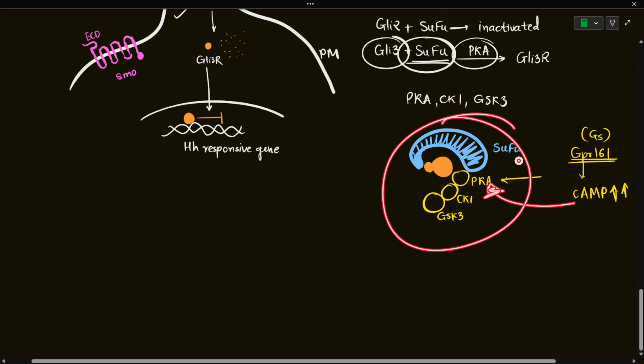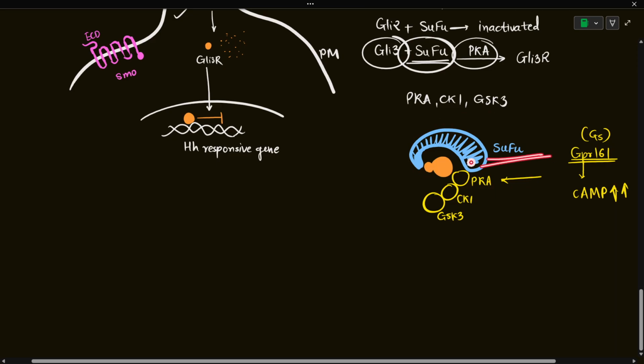This complex is known as the repressing complex, and SUFU protein acts as a co-repressor, because due to SUFU, the GLI3 protein is converted into GLI3 repressor protein, which translocates into the nucleus and represses the hedgehog responsive genes.